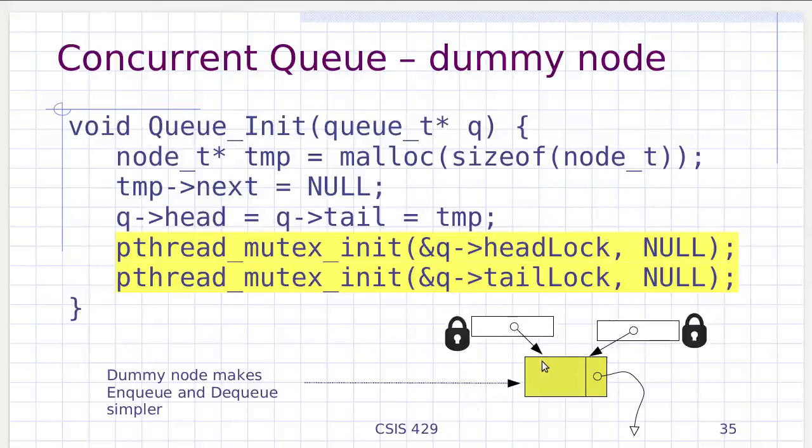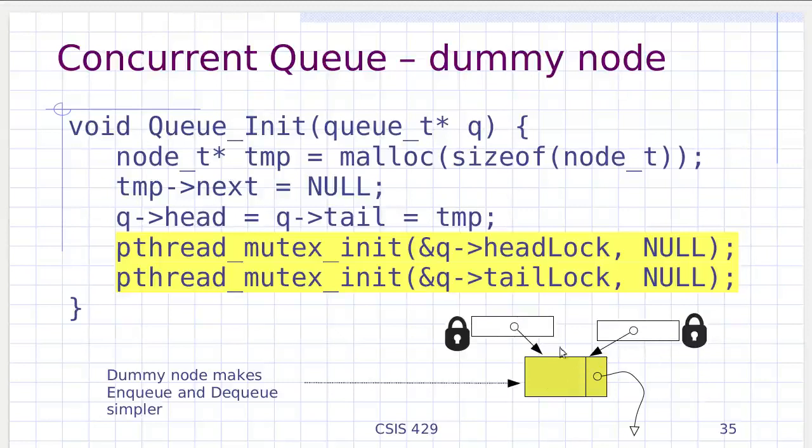So if you've done data structures with C, there's a lot of checking you have to do for the case when you have nothing in the list, when you have one node in the list, and head and tail both point to the same node. All of those things are not important anymore. You don't have as much checking if you just do one thing.